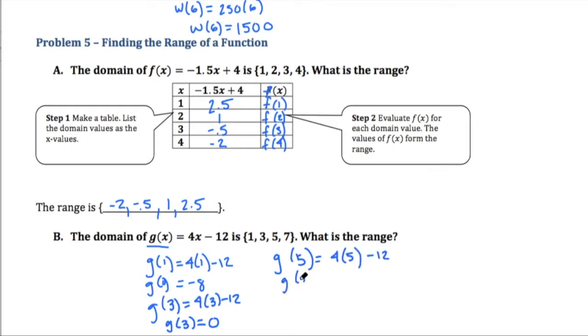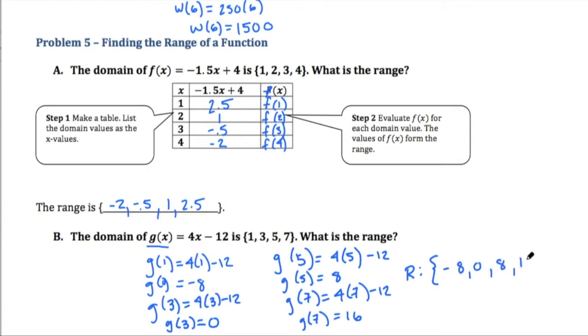So g of 5 is equal to 20 minus 12, or 8. And lastly, g of 7 is equal to 4 times 7 minus 12. That would be 28 minus 12, so g of 7 is equal to 16. So the range is the set negative 8, 0, 8, and 16.